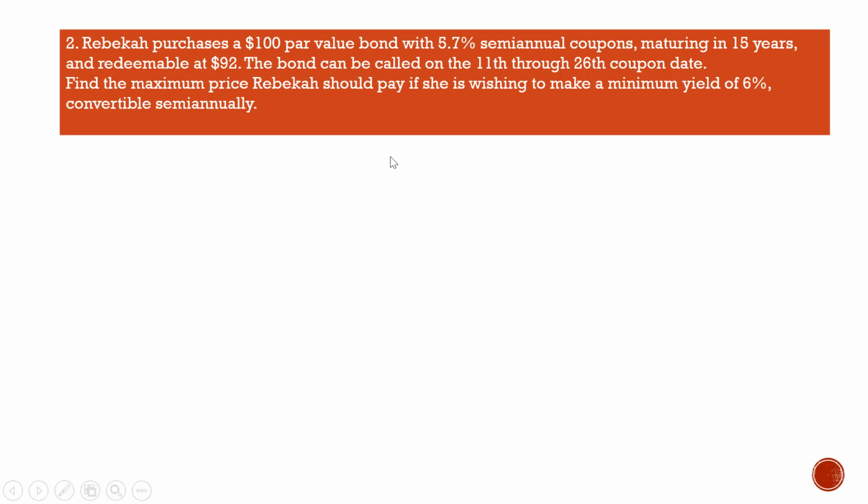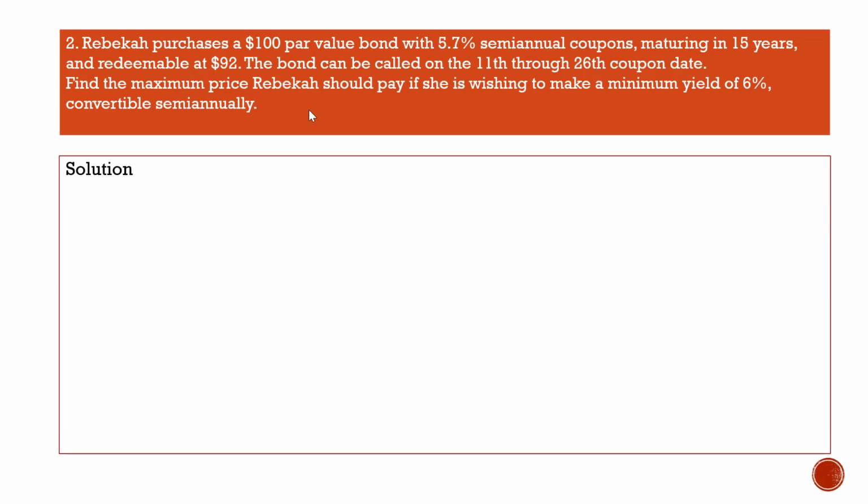So for this question, whenever you read a question, find the maximum price to have the minimum yield rate, or find the minimum yield rate to have the maximum price, you think about whether this bond was sold at premium or discount. So to determine if this bond is sold at premium or discount, we need to calculate G, the modified coupon rate.